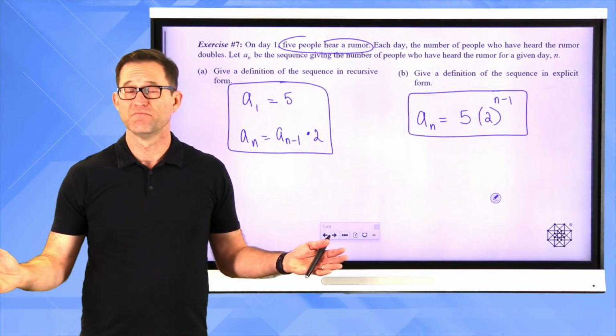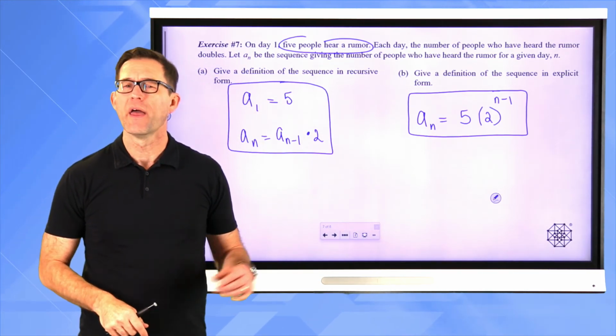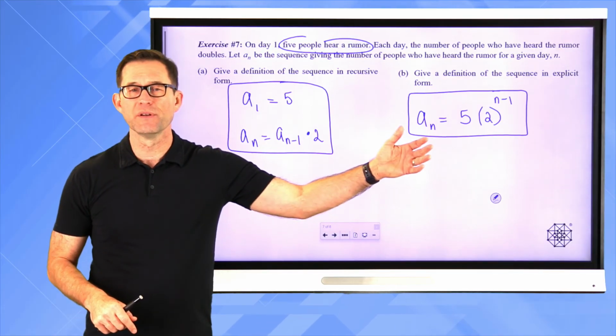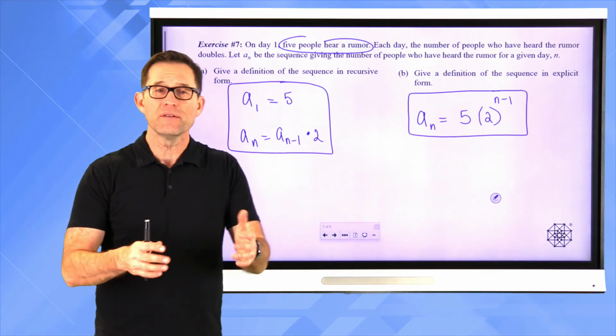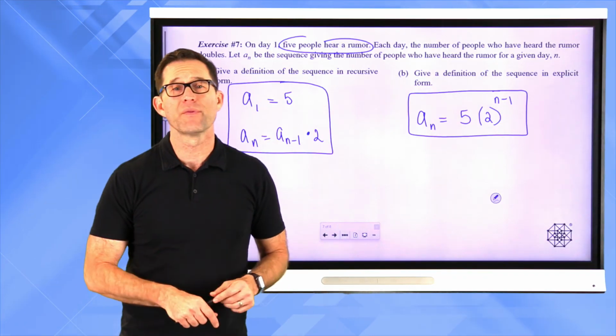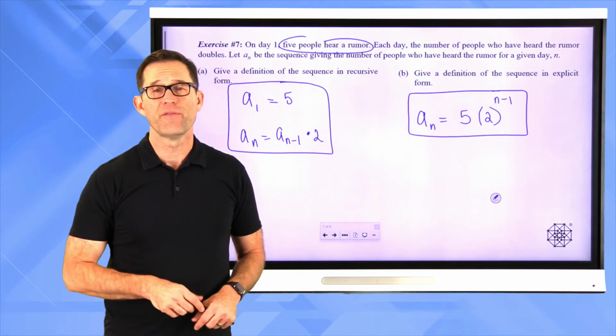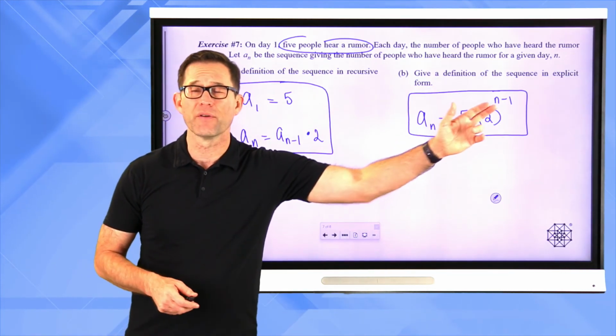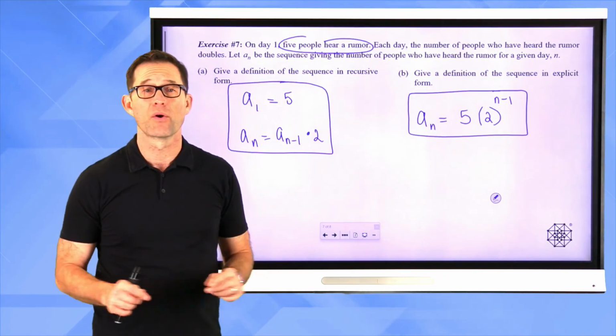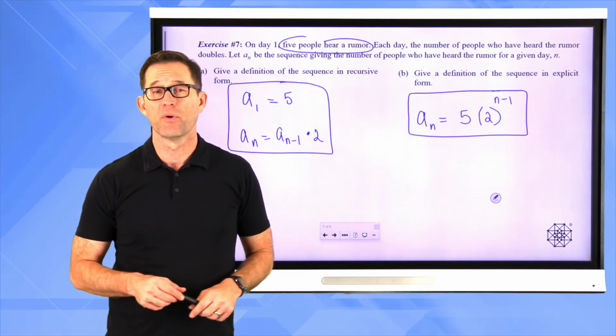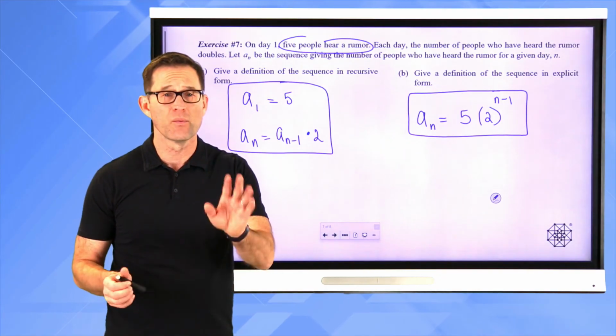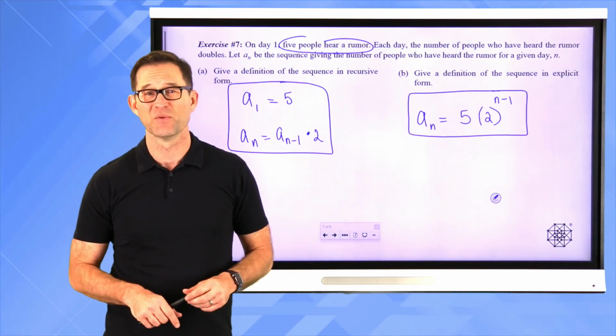And that's it. There is my explicit formula. And again, the huge advantage of the explicit formula is that if I said how many people heard this rumor on the 35th day, you could take this and plug 35 in for n. By the way, it would be an enormous number, probably more people than are on Earth, but we'll leave that for another day, so to speak.